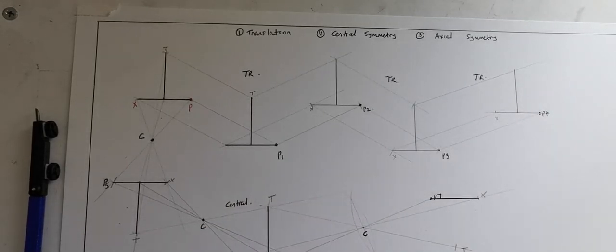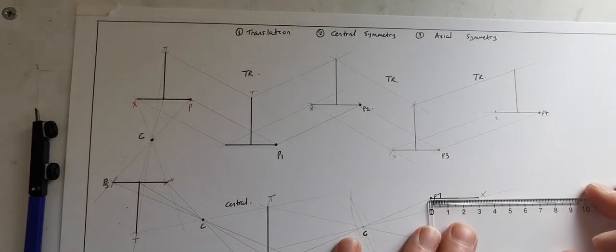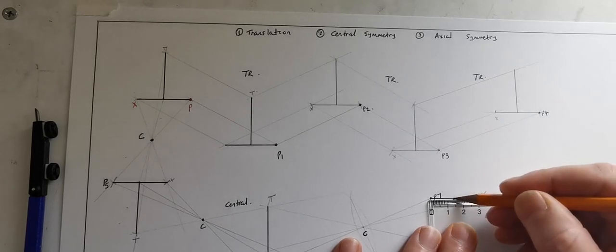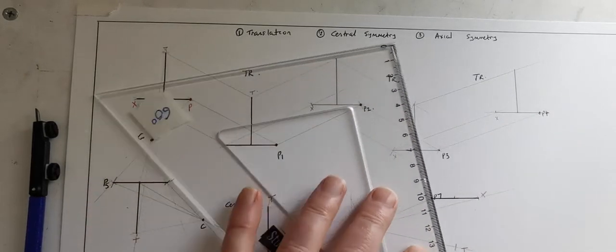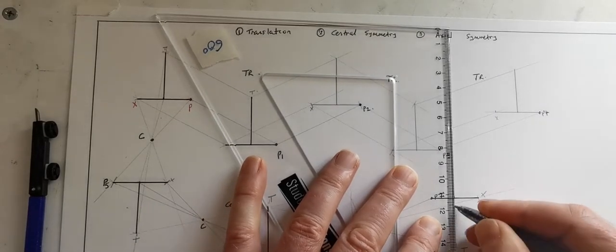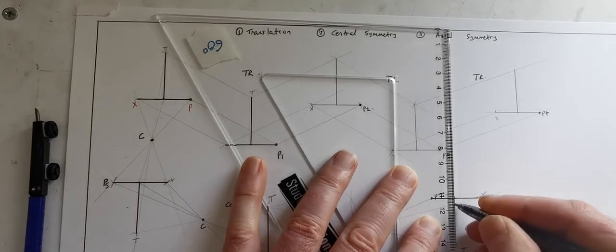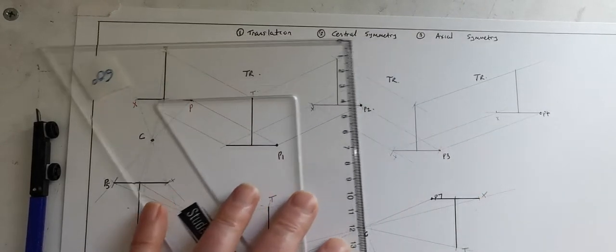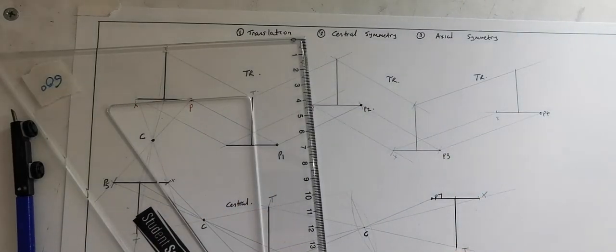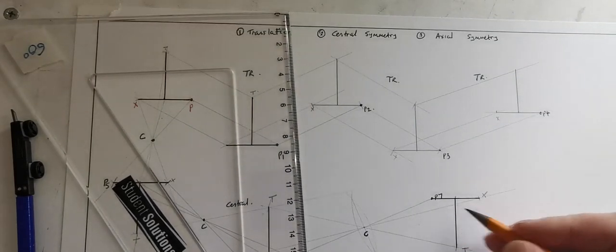And then I know that the middle of PX, which is still 30, is my T. So I'm going to practice that one last time.